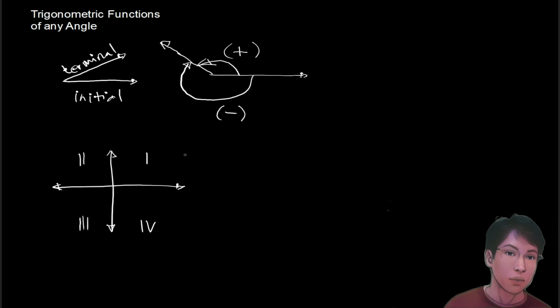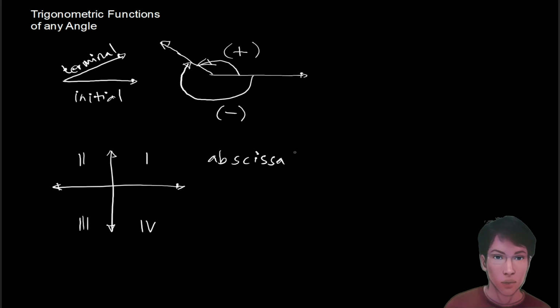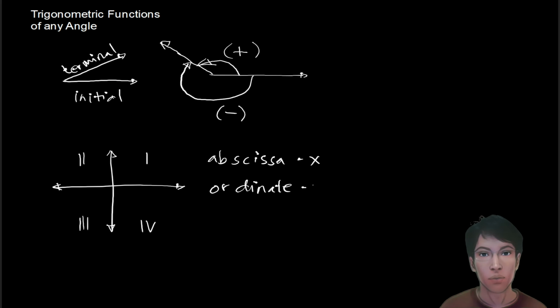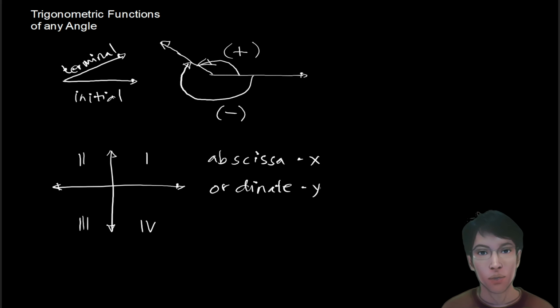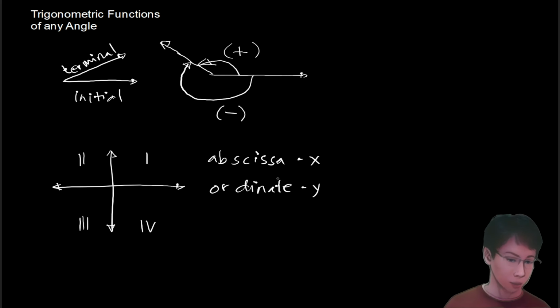You have the term abscissa, that is your x coordinate, and for the y coordinate, that is what you call ordinate.